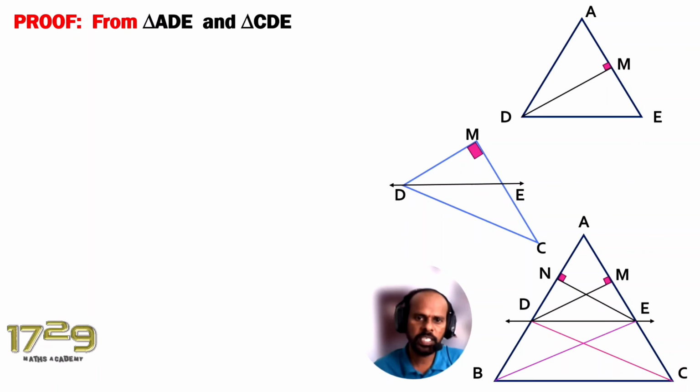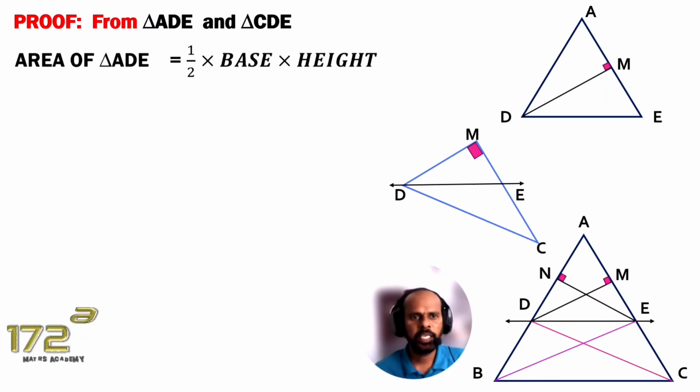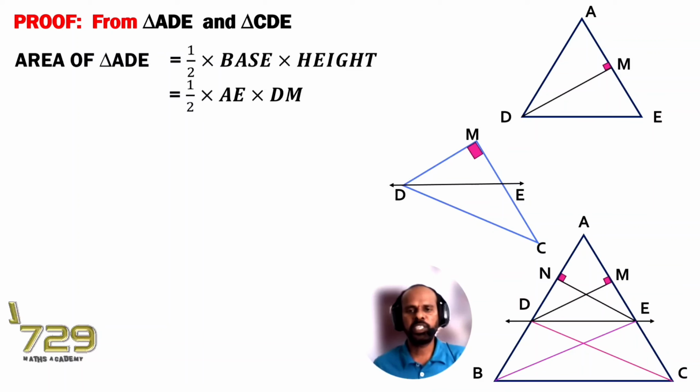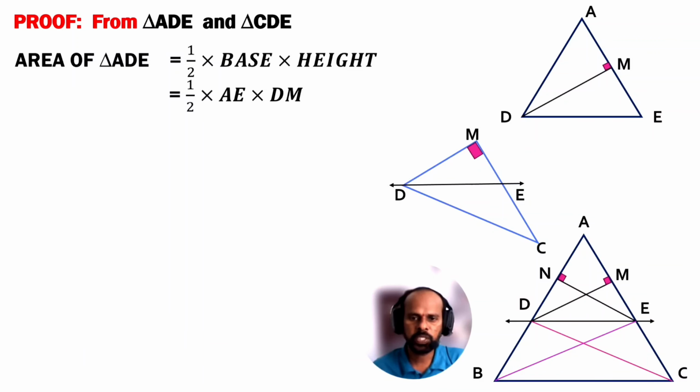So DM becomes the altitude or perpendicular on the EC side. This is CDE. Now if you find the area of ADE, the general formula is half into base into height, and the base is AE. DM is the altitude or perpendicular drawn on AE, so the area of triangle ADE becomes half into AE into DM.